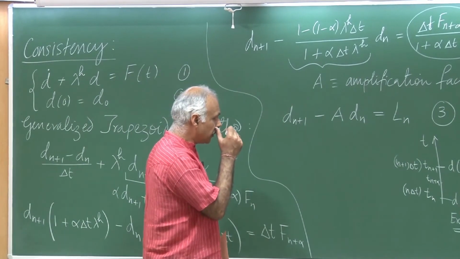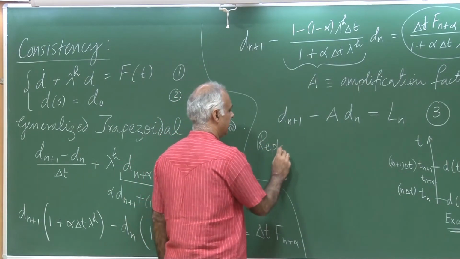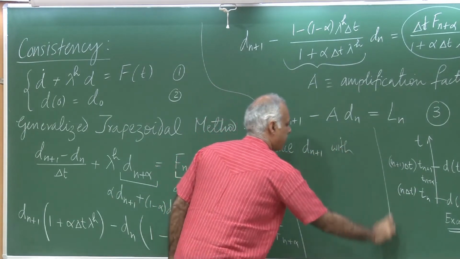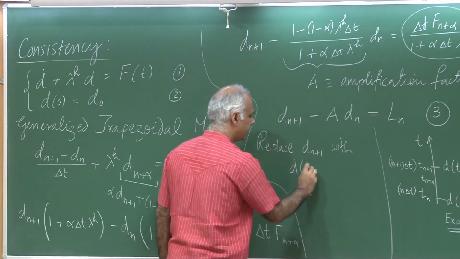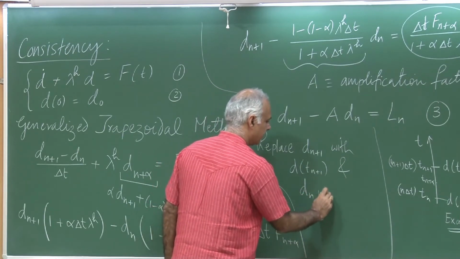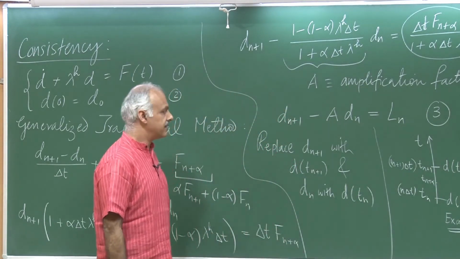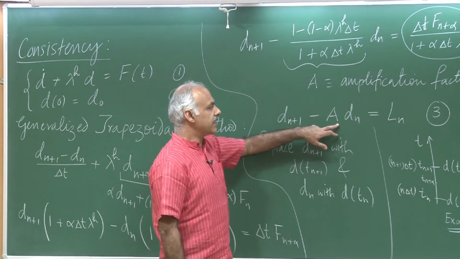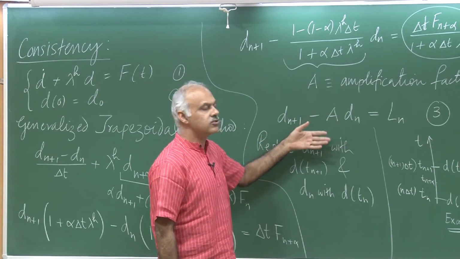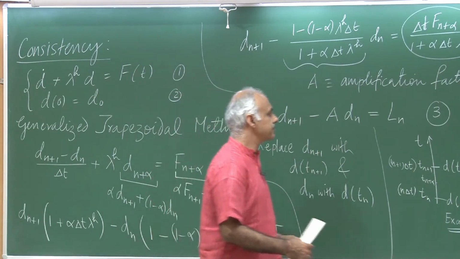Now, suppose I want to replace d_{n+1} with d of t_{n+1}, and similarly d_n with d at t_n. If I do that, then that is not going to satisfy my equation 3 exactly, right, because this is my numerical algorithm. So, there is going to be some error. So, I will rewrite equation 3.